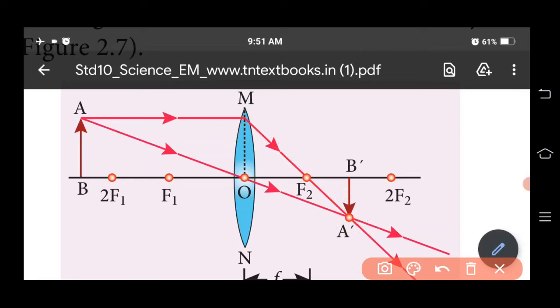When these two lines intersect at a particular point, at this point we will get the image. The size of the image is smaller than that of the object. It will be real but inverted, because here A and B is given as the object but the image is given as B dash A dash. So from this we can conclude that the image is inverted.